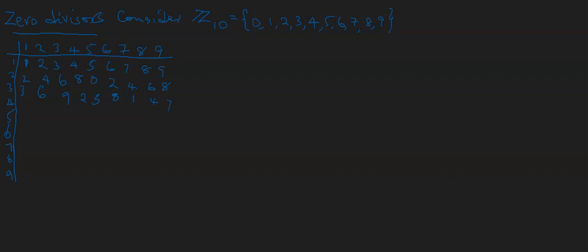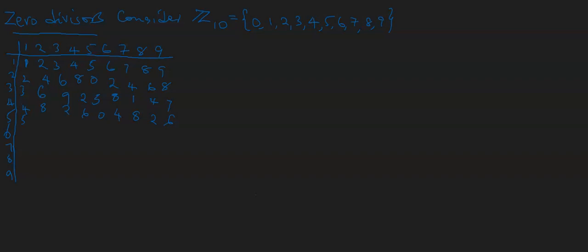For 4 we have 4, 8, 2, 6, 0, 24 is 4, 28 is 8, that's 2, that's 6.